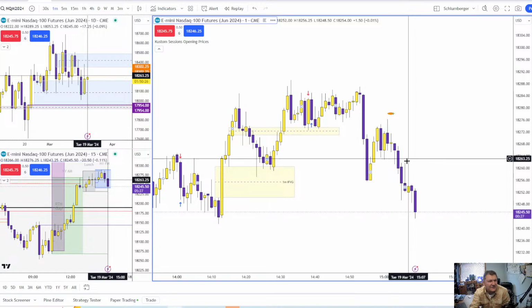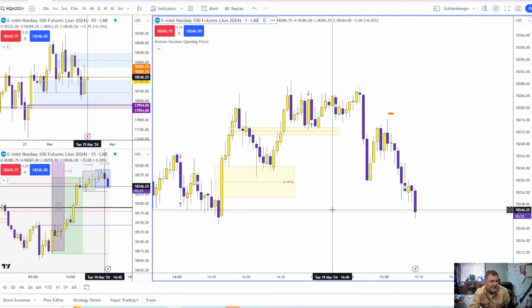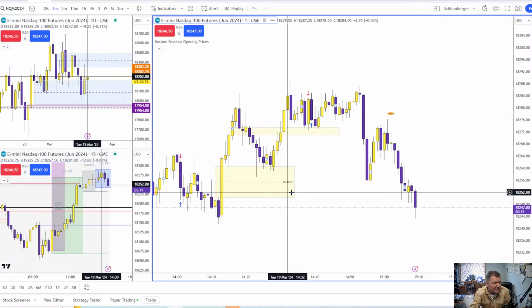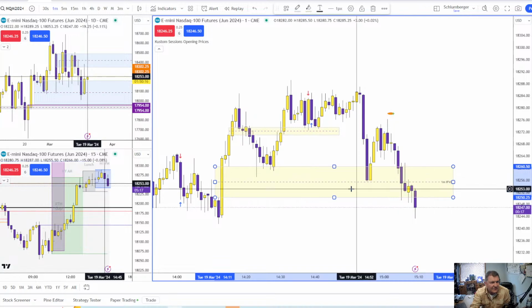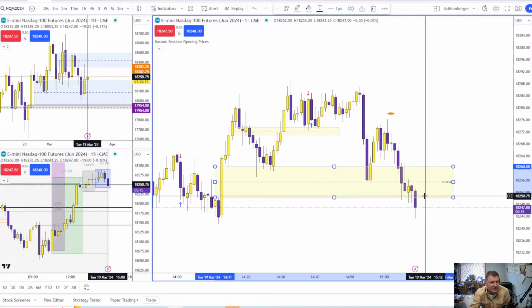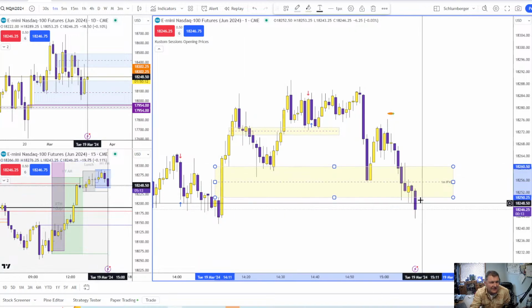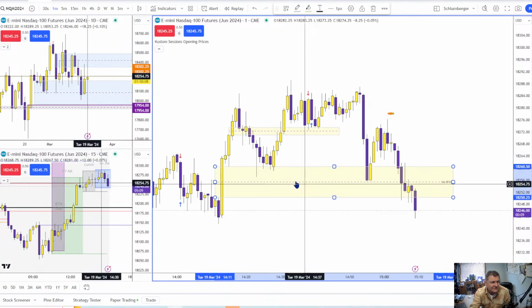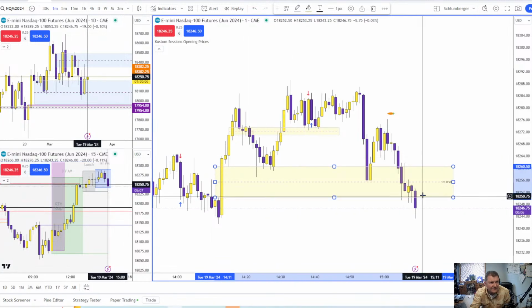We don't even get a chance to get back on it. So I can't even give you an entry here other than if we break below this with a nice body candle, come back into this breaker, and find support. You want to see that breaker hold price. Stop loss goes above this high. If it starts to trade back above the breaker, I would bail out. That would be the safeguard right there.